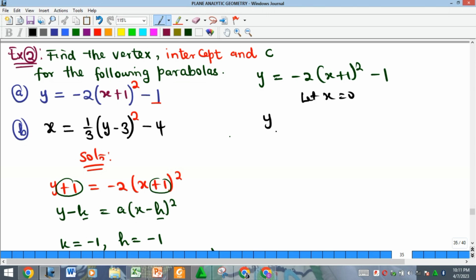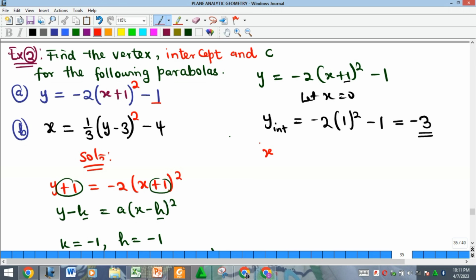So the y-intercept is going to be equal to negative 2 into, if x is 0, then you only have 1 squared. 1 squared is 1, times minus 2 is minus 2, then minus 1. So your y-intercept is negative 3.